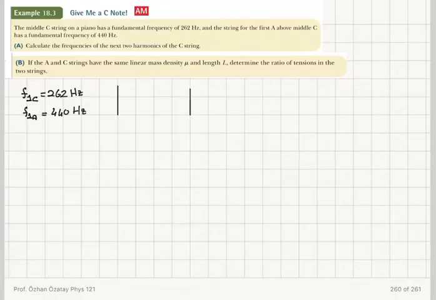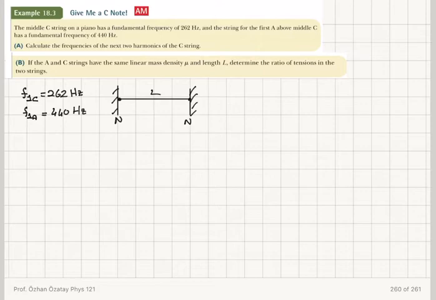Now, if you look inside a piano, you will see that you have strings in between two fixed ends. So basically, I have the same situation that I have described previously. If this is the length L of the string, I must have nodes on the two ends.